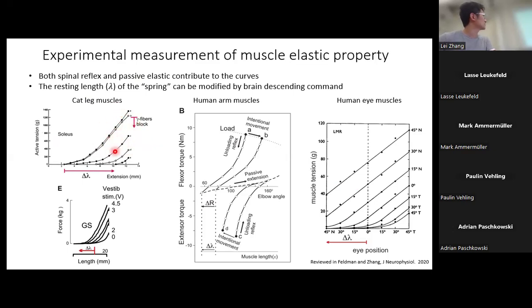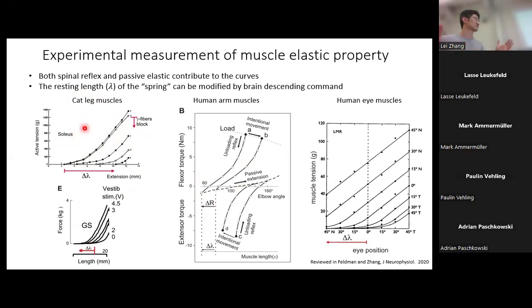What is interesting here is in the experiment. In humans, sometimes it's difficult, but in animal experiments, for example here on the left side, the experimenters don't want the animal to produce voluntary movement, so they remove the cortex of the cat. Then the cat will not have the will to move.